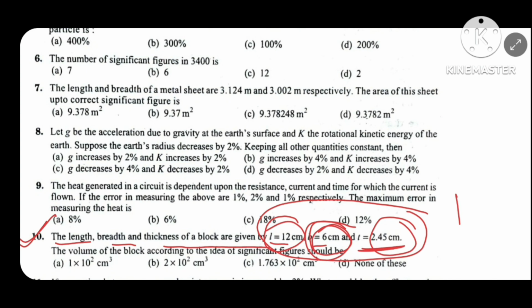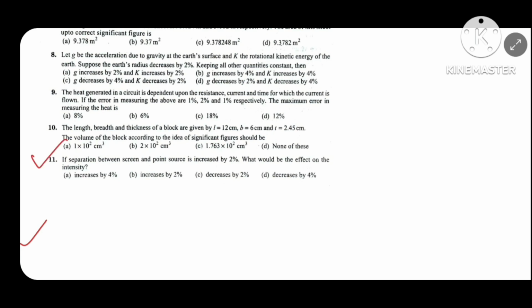Now 12 into 2.45 is 33. Now 33 into 6 is almost 200. So this is the option. Okay, understood? Now next. Now question number 11.